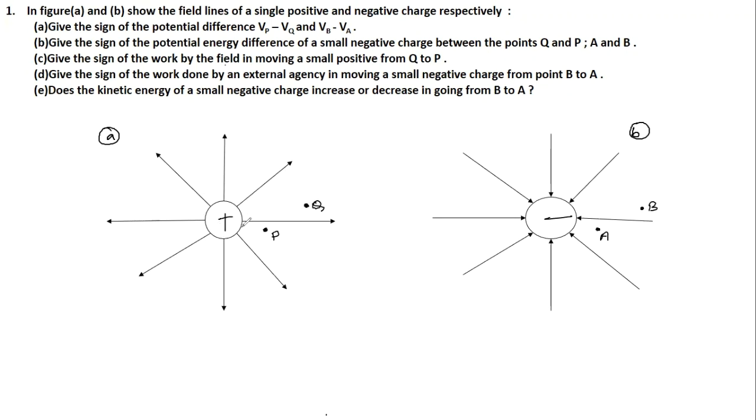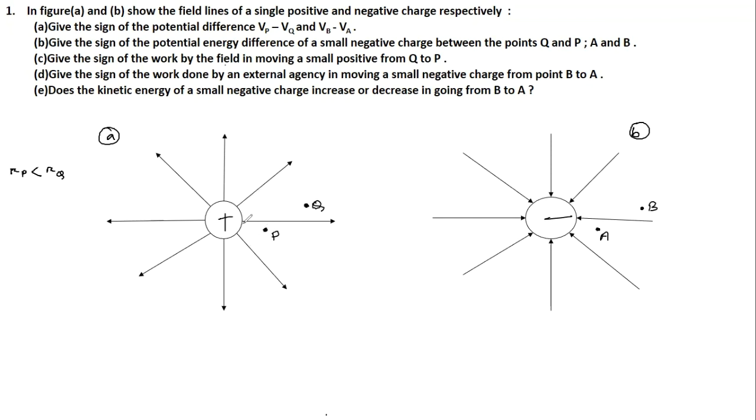If I look into the first diagram, you are having a positive charge and two different points, Rp and Rq. As you can see very clearly, Rp is less than Rq. Right?